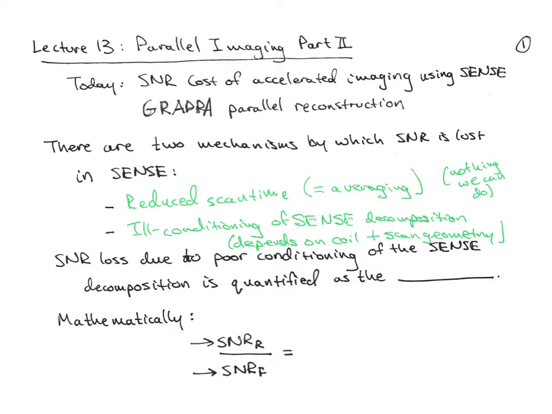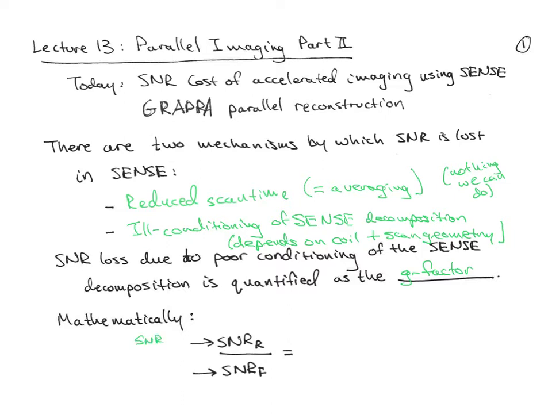SNR loss due to poor conditioning of the SENSE decomposition, this latter term, is quantified as the g factor, which is a function of space, and you're going to be calculating g factor maps for the parallel imaging reconstructions in the homework. Mathematically, the ratio of the SNR of an accelerated scan to the SNR of a full scan, that's what's written here.